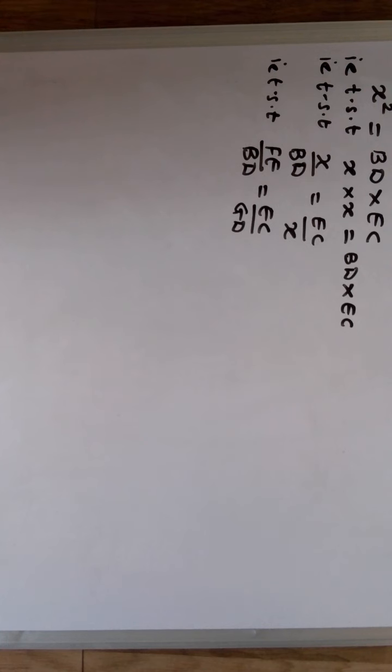Agreed? So I am using that property over here. So what I am doing is I am showing triangle BDG similar to triangle AGF by correspondence first. And that same AGF, I will keep the correspondence the same and show it similar to FEC.